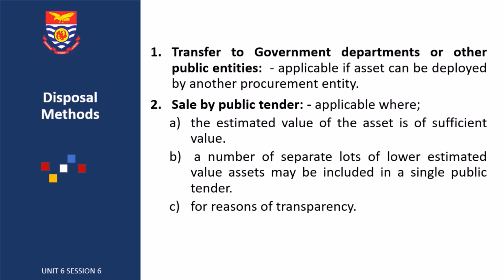So the asset is not needed in any other public sector entity, and then we have to make it available to the public. Maybe there is somebody who needs such an asset, and the asset is of a value that we cannot destroy or dump it. Right? It is also applicable where a number of separate lots of lower estimated value assets may be included in a single public tender, and also for the reason of transparency.